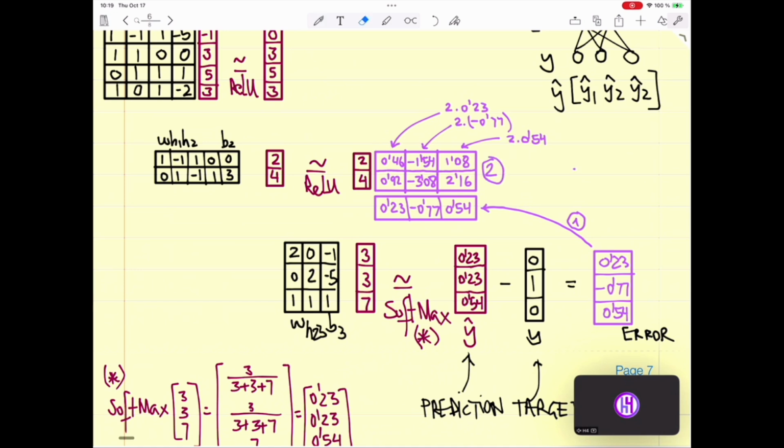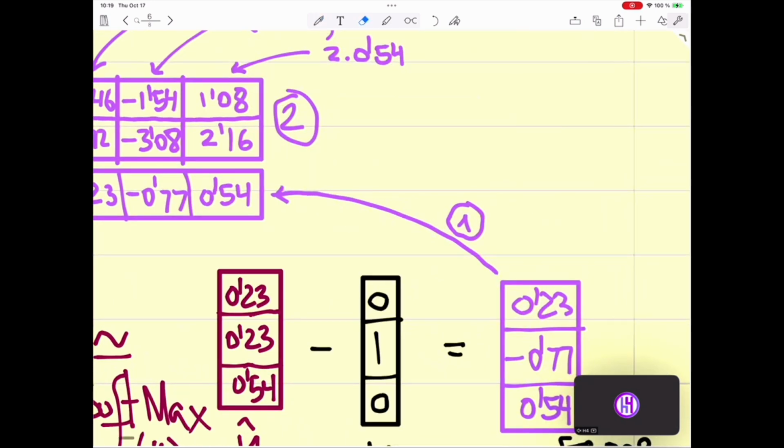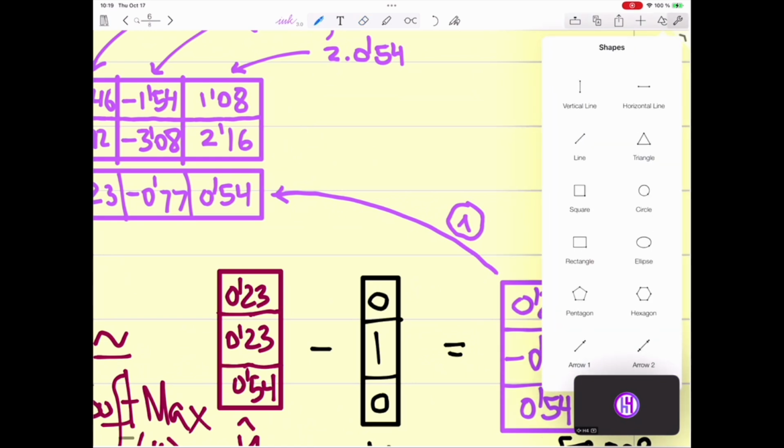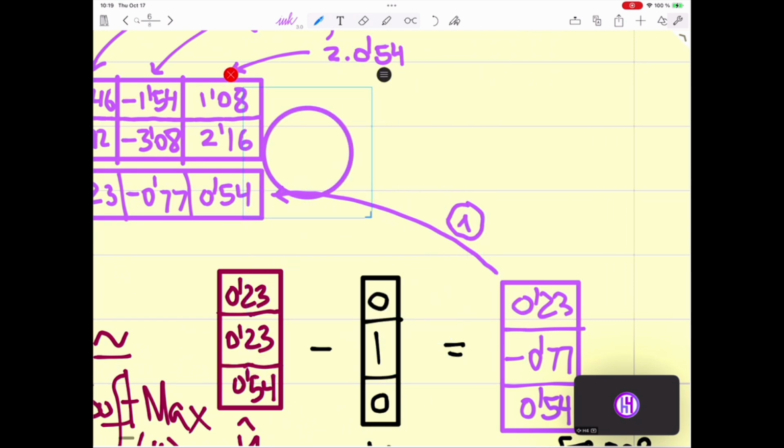First is transpose. It's prettier. And we like it pretty.